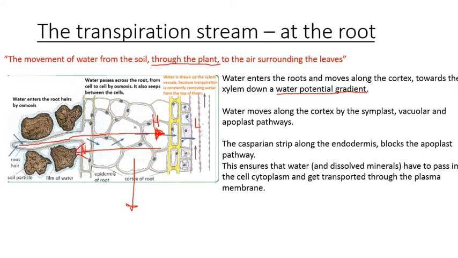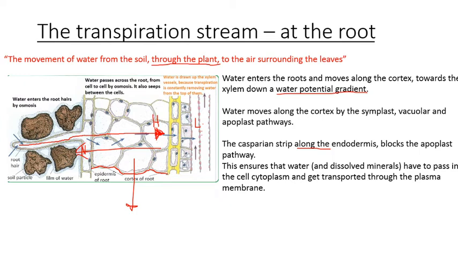First one then. This yellow thing here, which is along the endodermis, so along that sort of outside circular part of the vascular bundle, completely and utterly blocks the apoplast pathway. So if you've been travelling like this in between all the cell walls, not actually going through the cells, you'll get to the Casparian strip and you'll just stop.